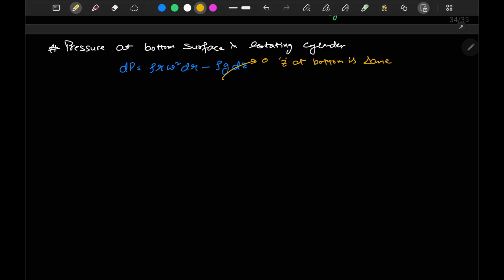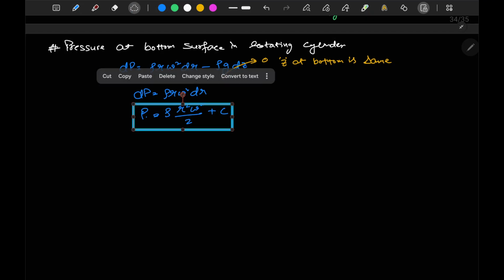So from here I can write that dp is equal to rho r omega square dr. If we integrate this, I will get the pressure at any point: p is equal to rho r square omega square by 2 plus some constant. So this is the pressure at the bottom of your rotating cylinder.